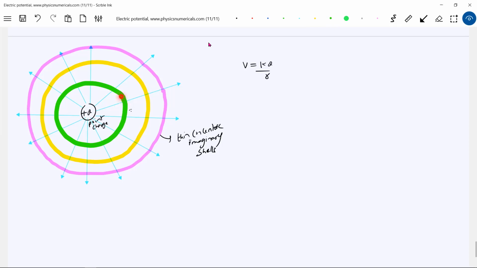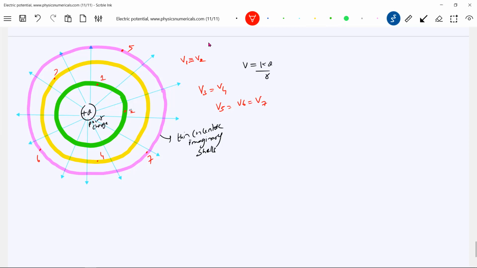Then the potential at all points will be the same. The potential at this point and the potential at this point should be equal. Any reason? Because both points are at the same distance. Similarly, potential at 3 and 4 should be equal. Similarly, potential at 5, 6, 7 should be equal.